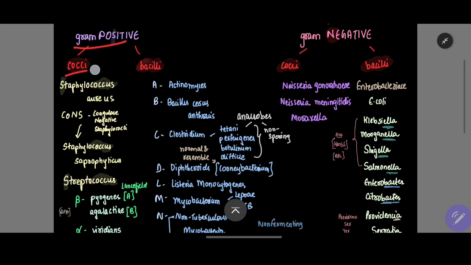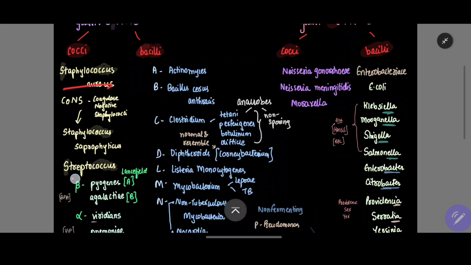So gram positive cocci. They have coccus in their name, and because positive, so S. They start with an S and they have a coccus in their name. So staphylococcus and streptococcus. Staphylococcus, different species are Staphylococcus aureus, and then there is coagulase negative staphylococci.